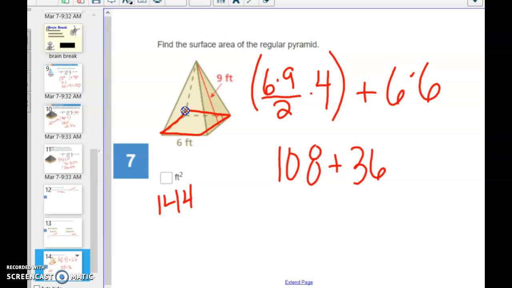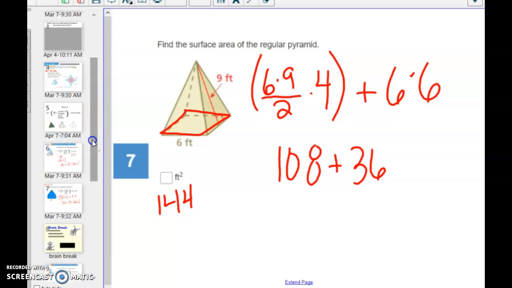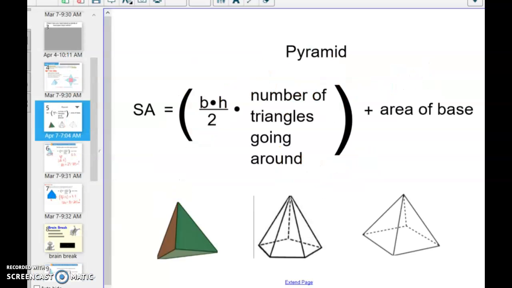Now, as you can see, pyramids are a little bit trickier than rectangular prisms are. I just decided to come up with as basic of a formula as I possibly could for the pyramids. So once again, this part is talking about your lateral surfaces here. So for whatever triangle you have, do base times height divided by 2, and then times however many triangles you have going around.